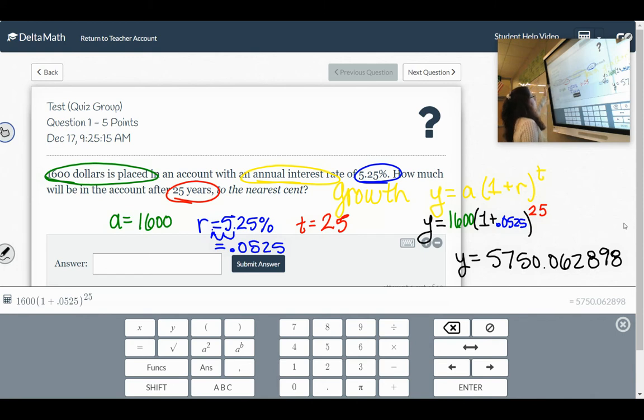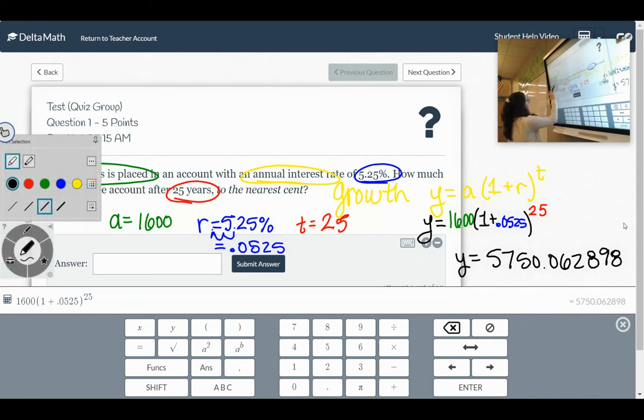When we read through this, the last thing that it says is that we need to round our answer to the nearest cent. So we know that cents is going to be 2 decimal places. I'm going to look at this 2. 2 is going to be what decides if I round that 6 up to 7 or if I leave it.